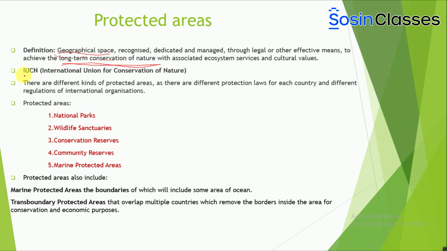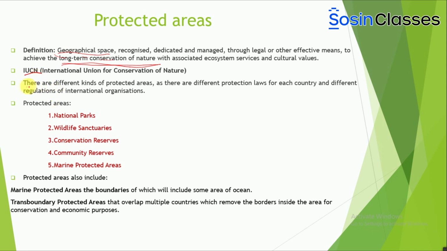It is IUCN, the International Union for Conservation of Nature. This organization gives a well-defined definition of protected areas which is globally accepted. In its categorization guidelines, it clearly defines what comes under protected areas.